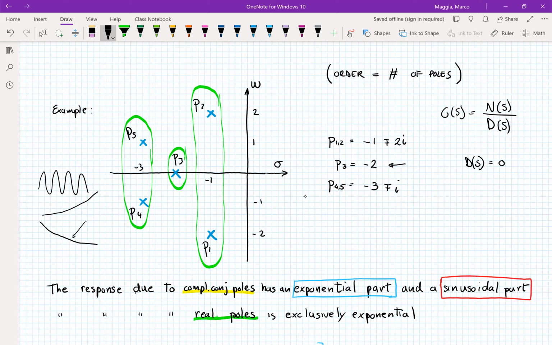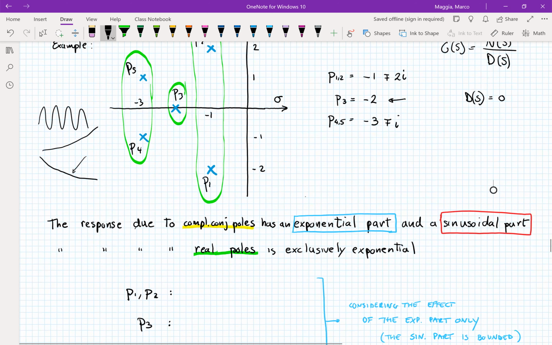The imaginary part, let me repeat once again, just contributes to an oscillatory behavior. So it does not really die down with time. What dies down is just the exponential if the exponent is negative. In this case, all the real parts of P1 through P5 are negative.